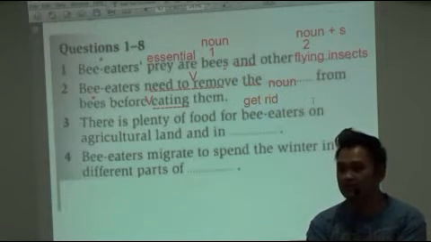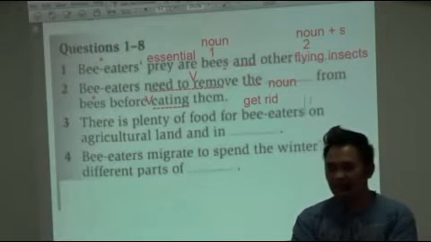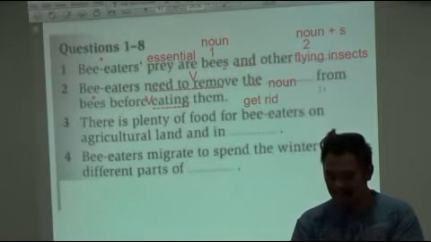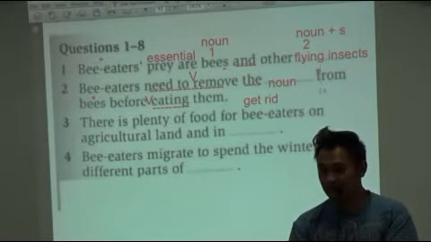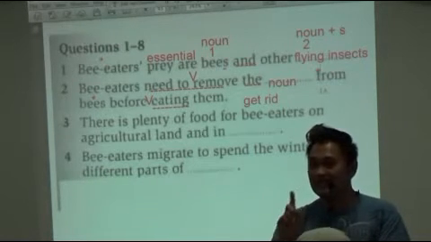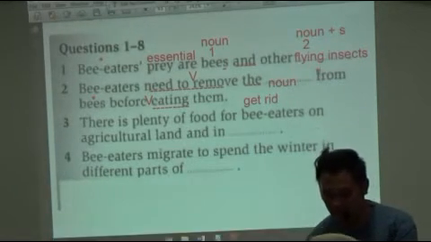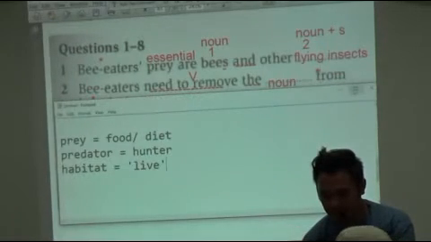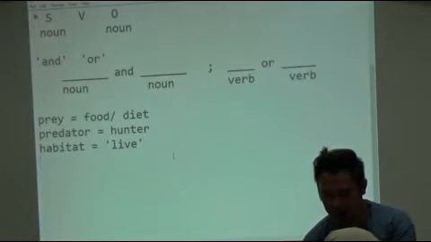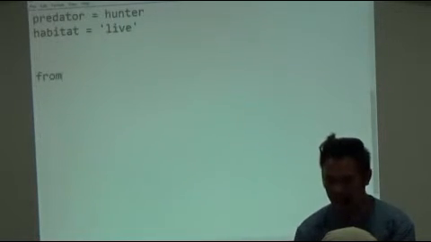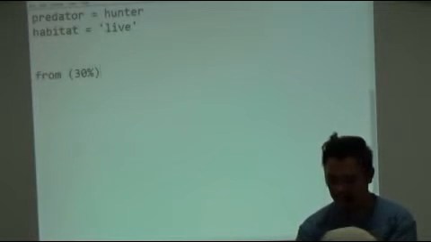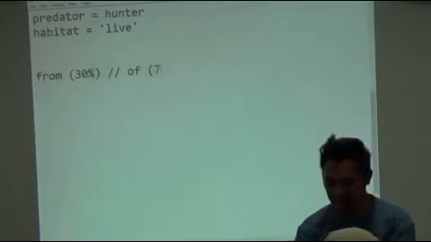And one important rule, many students forget this. The word "from" is important. I'll teach you one skill about this, so please put this in your notebook. When you see the word "from," usually that's 30%, or the word "of," 70%.